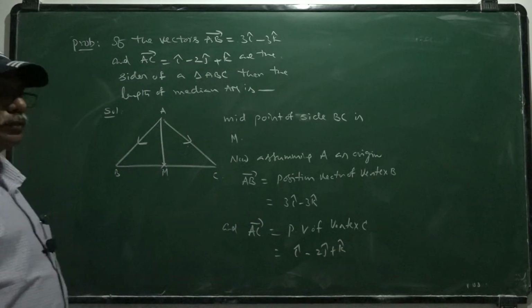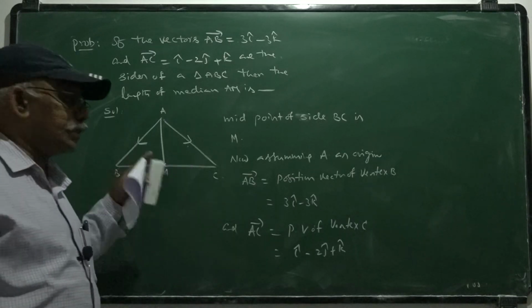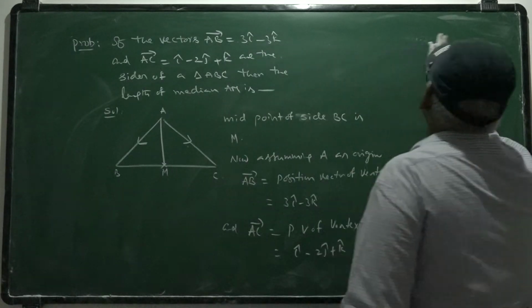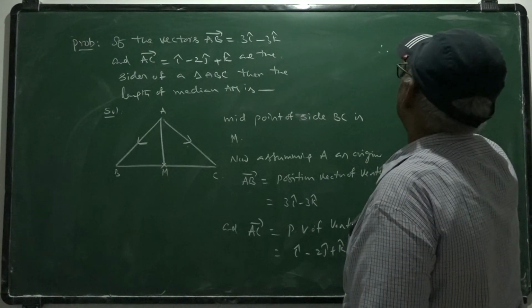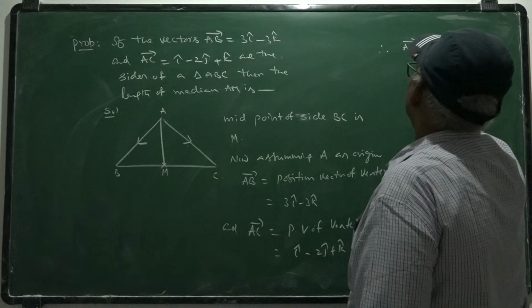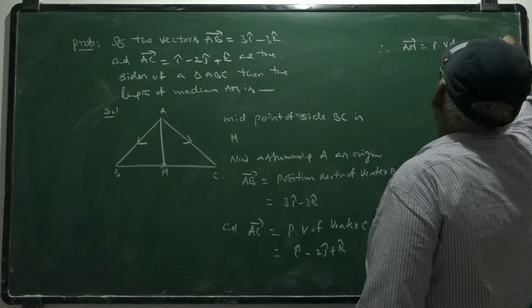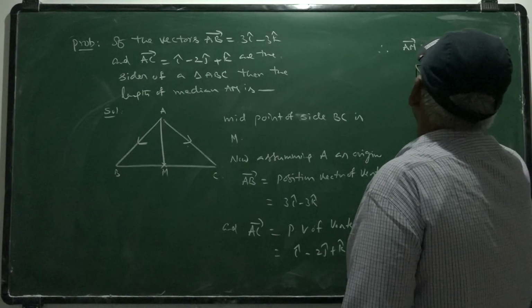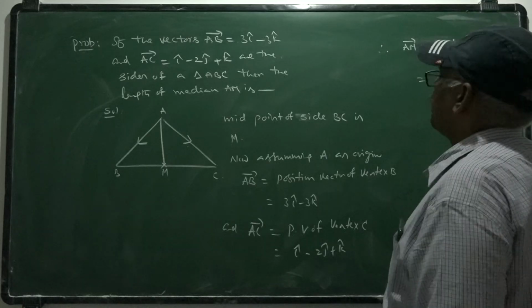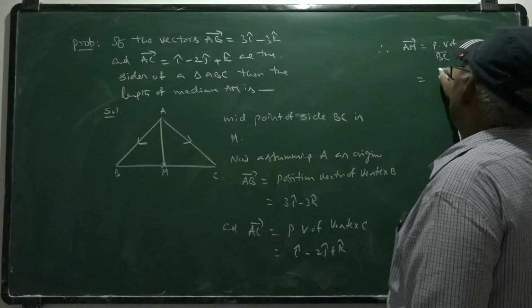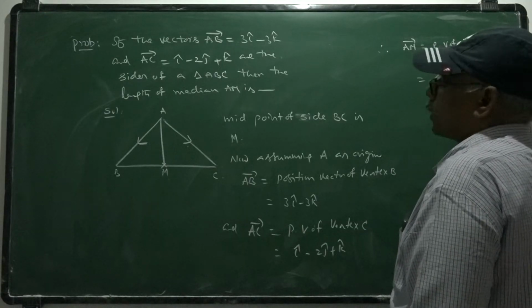Therefore, the position vector of the midpoint of BC is AM bar equal to AB bar plus AC bar by 2, position vector of B plus position vector of C by 2.